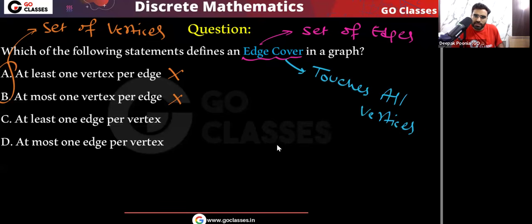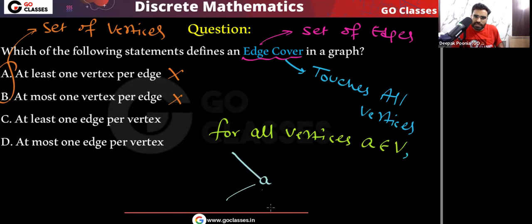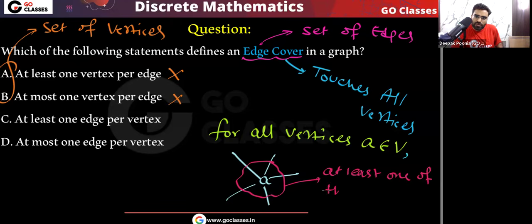So for all vertices A that belong to V, this should happen: this is A and these are the edges that are incident on A. Then remember, at least one of these edges must be present in any edge cover, in every edge cover.